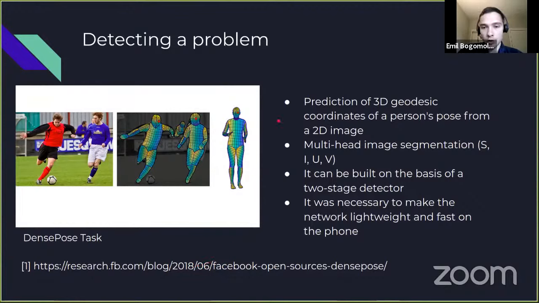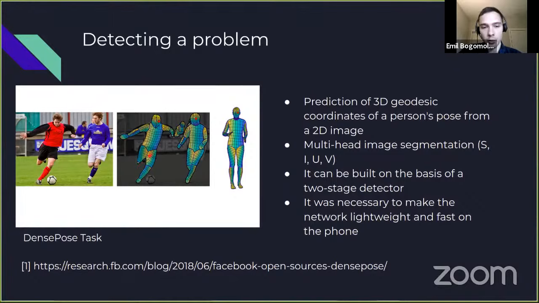It is about predicting 3D geodesic coordinates of a person's pose from a 2D image. Here you can see an image of two footballers, and after the model works, it gives us the geodesic coordinates of each body part.